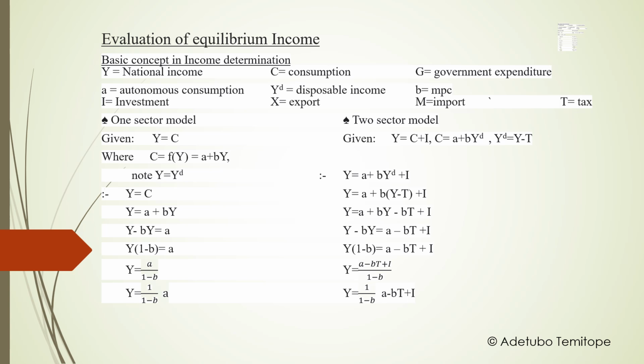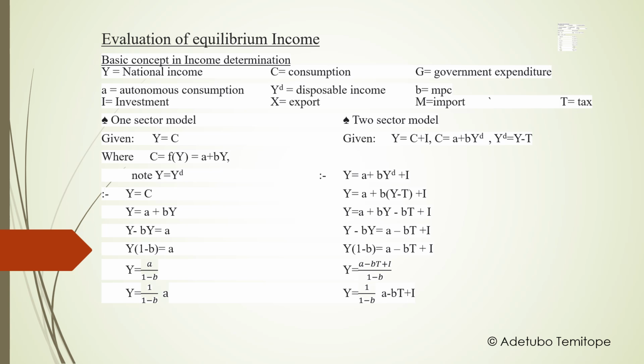Then when you collect like terms, we have Y minus BY equals A. Then when you factor out the common factor between Y minus BY, the common factor is Y. So we have Y open bracket 1 minus B close bracket equals A. Then you divide both sides by 1 minus B. Then we have Y equals A divided by 1 minus B. So we can also write that in this form: Y equals 1 divided by 1 minus B times A.